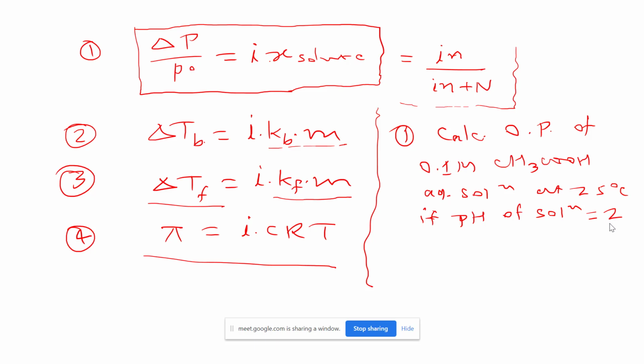Okay, just find the osmotic pressure of this solution. Temperature is given, the strength of the solution is given, and pH is also given here.